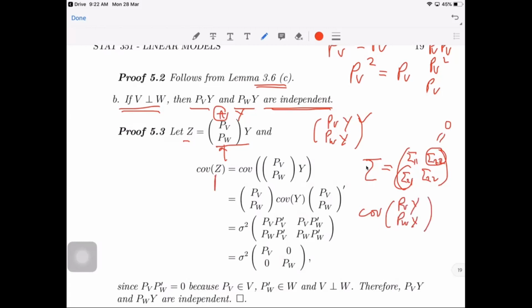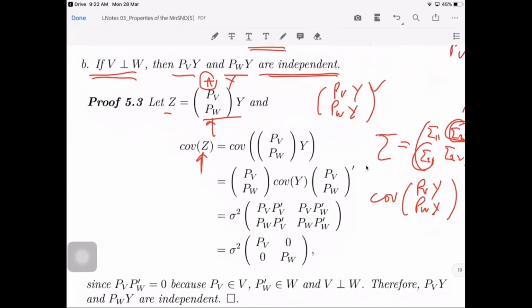So this is actually your covariance of Z. So if we take the covariance and the off-diagonal there is 0, then we say that it is independent.